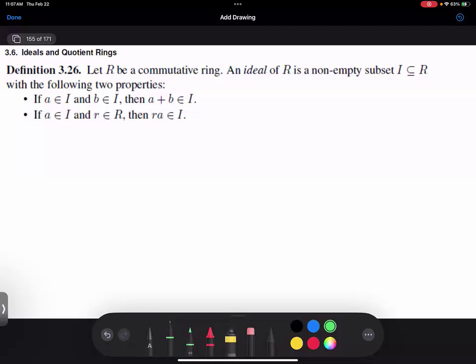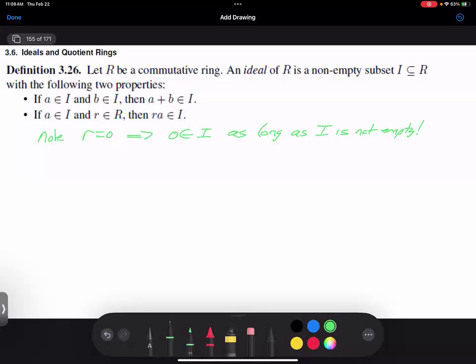Which identity? The multiplicative identity doesn't give you anything. What other identity could we take? The additive. So if we take r equals 0, then 0 is in I as long as I is not empty. So as long as I has at least one element, then it has to have the 0 element.